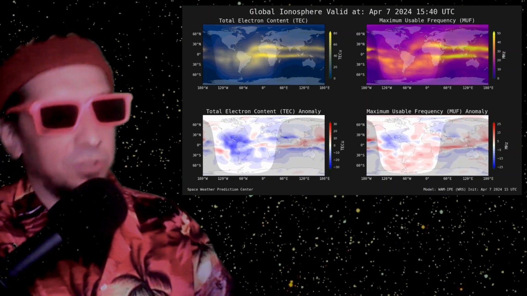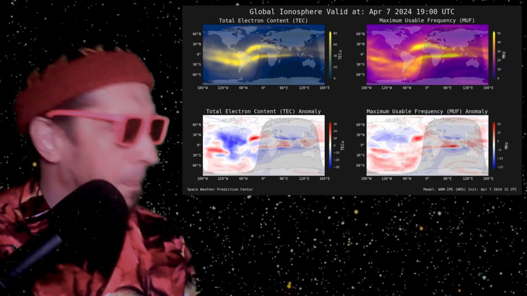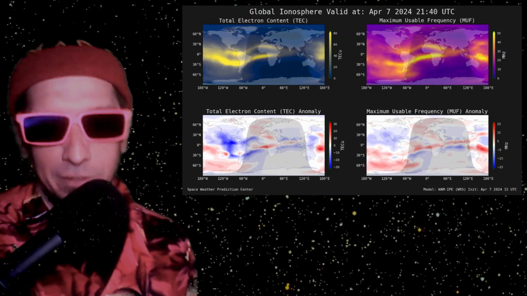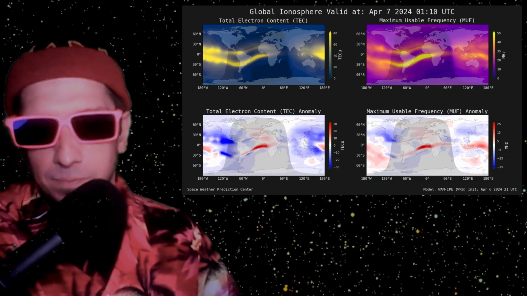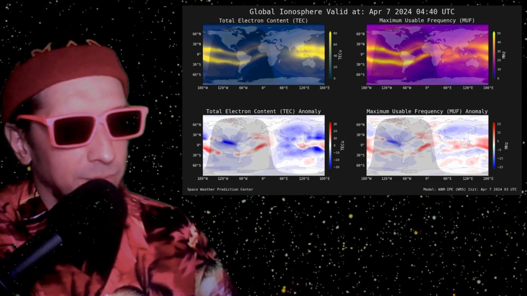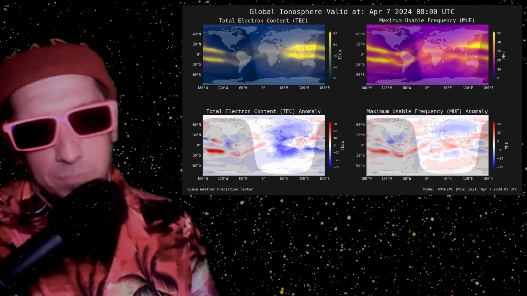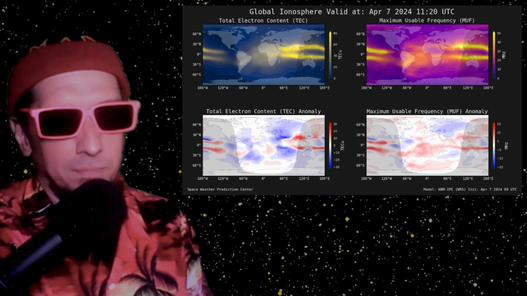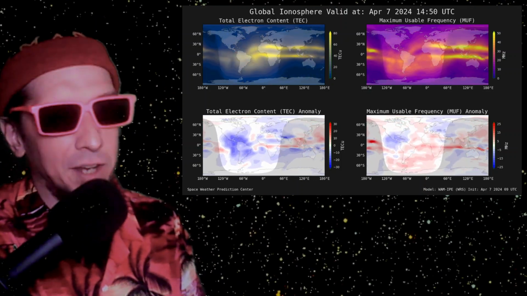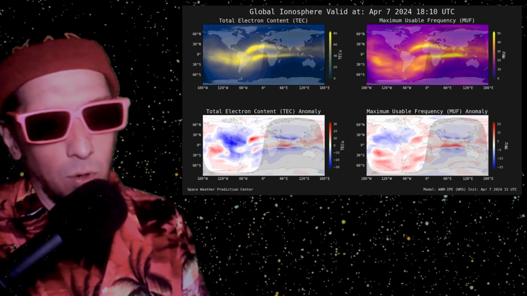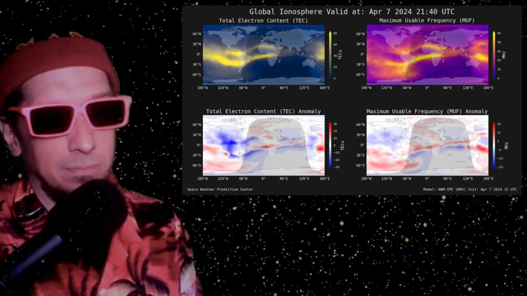That is what occurs. It has to do with the way the electrons want to travel. And so, yeah, there it is. There's the Global Ionosphere Nowcast, or WHAM, the Whole Atmosphere Model.